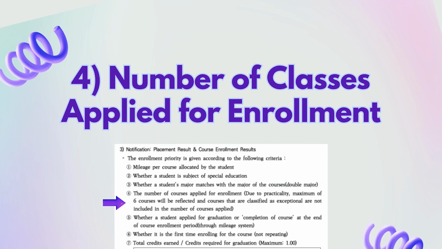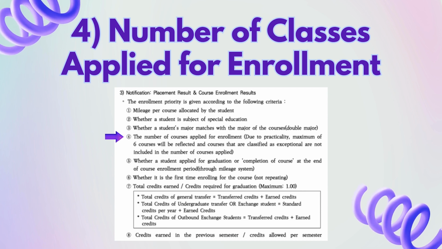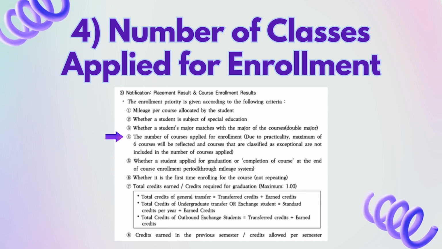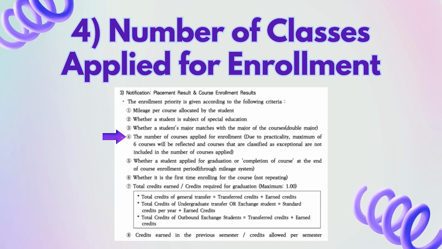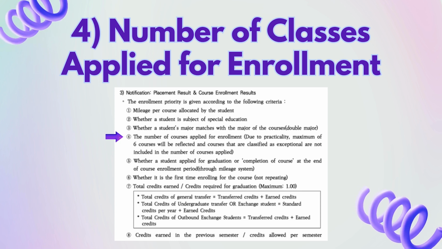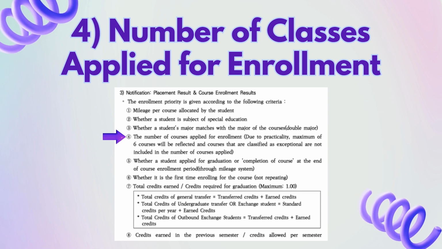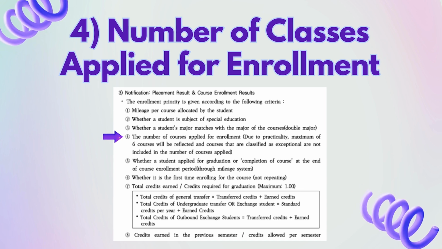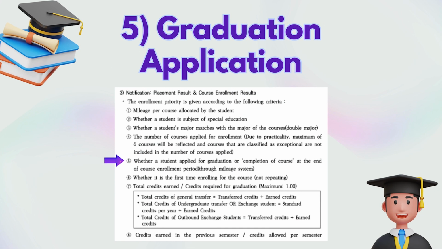The next is the number of courses applied for enrollment. Due to practicality, a maximum of 6 courses will be reflected, and courses that are classified as exceptional are not included in the number of courses applied. The fifth is whether a student applied for graduation or completion of course at the end of the course enrollment period through the mileage system.